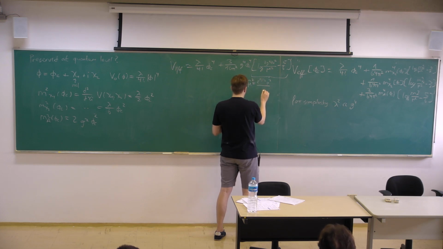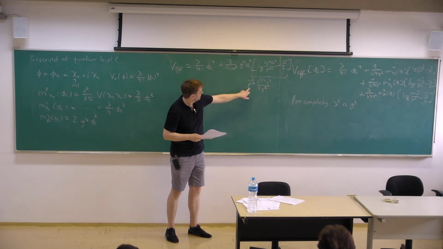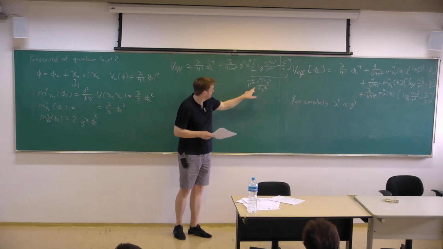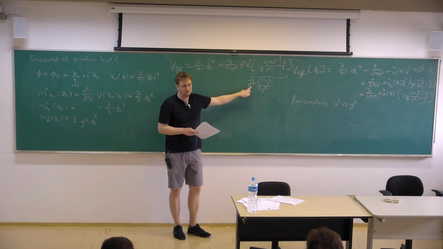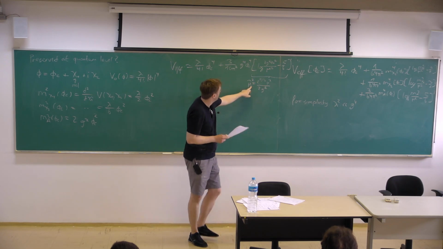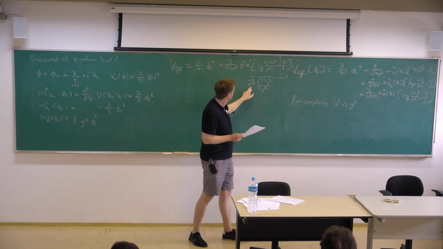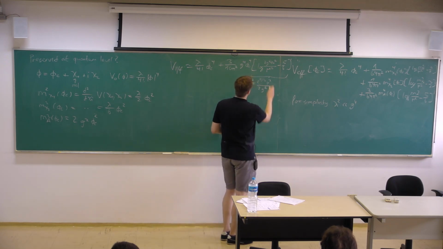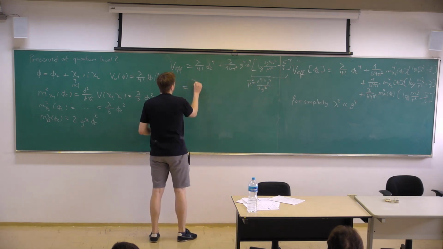I guess I have to do mu squared. Out of convenience, I redefine this scale here, which for now we haven't really specified. I can just redefine it in this way, because then I get something that looks slightly simpler.